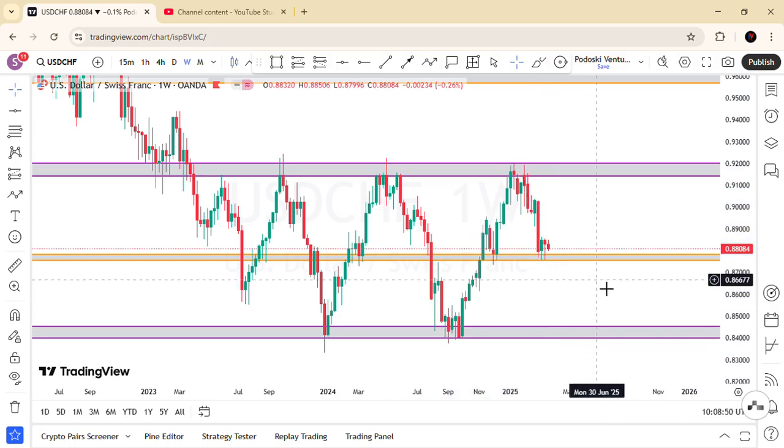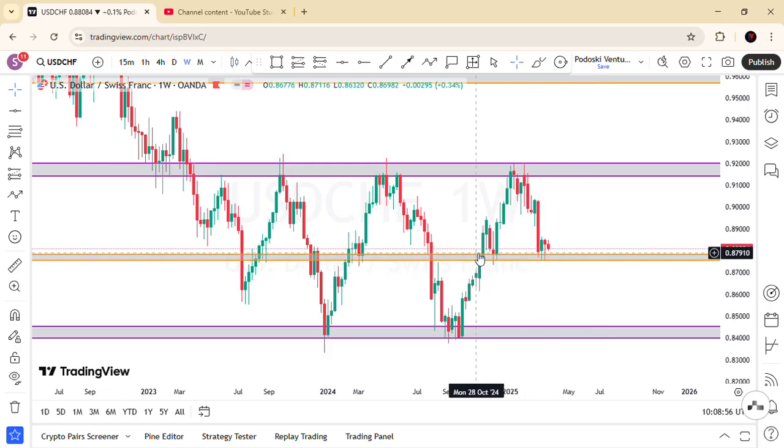Then that's what we are expecting, but we don't know if price will do that. But on the weekly time frame, I can see price is currently at my weekly demand zone, my weekly lower zone. That's where price is currently at.